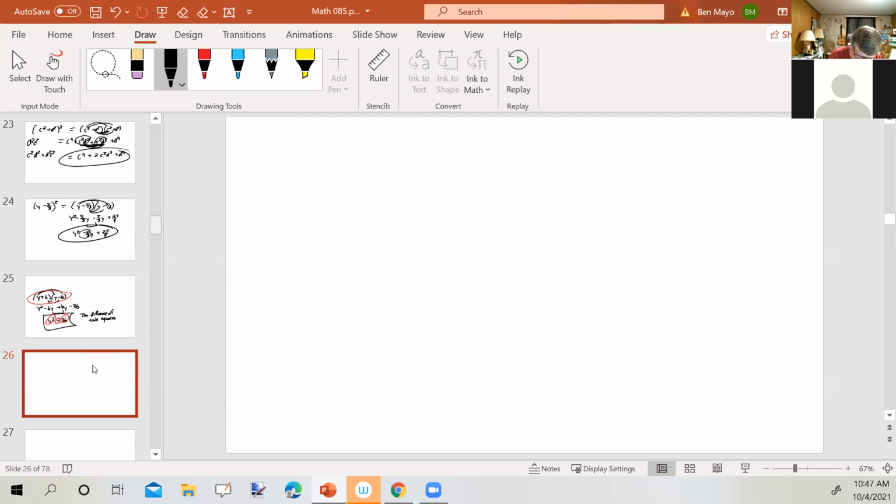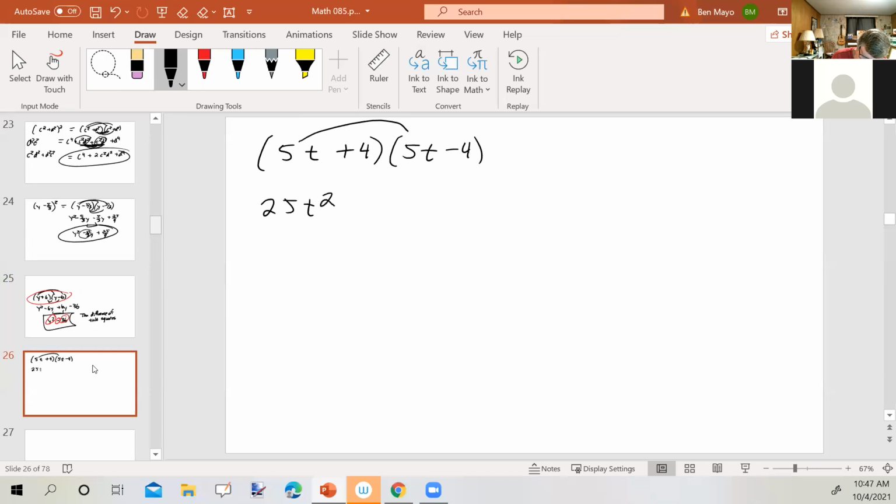Let's see here. 5t plus 4, 5t minus 4. So FOILing this together, 25t squared minus 20t plus 20t minus 16.